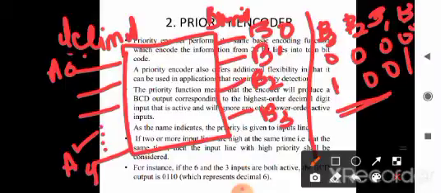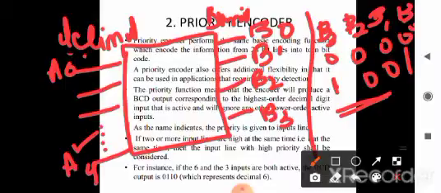Now we are going to see the priority encoder. This is the normal principle of encoding. Encoding means coding the decimal value, or any hexadecimal value, octal value, into the binary value.